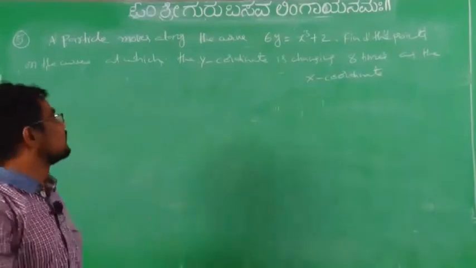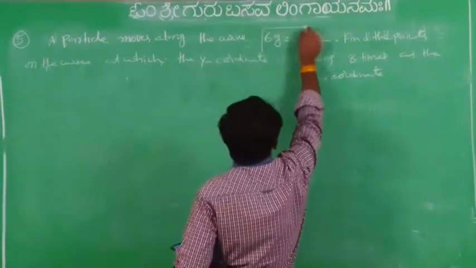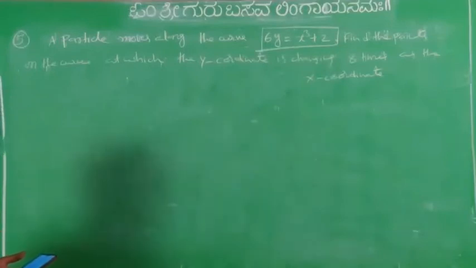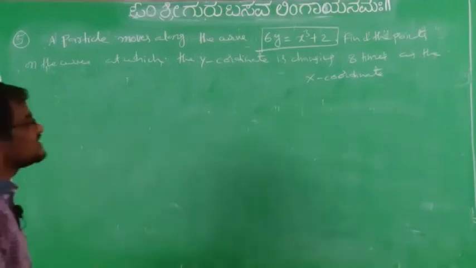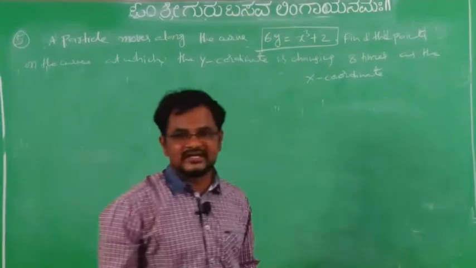So what is given? A particle moves along the curve. The particle is moving along the curve 6y equal to x cube plus 2. Find the points on the curve at which the y coordinate is changing 8 times as fast as the x coordinate.